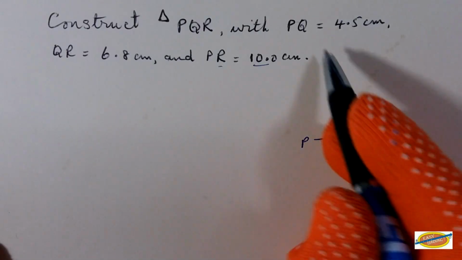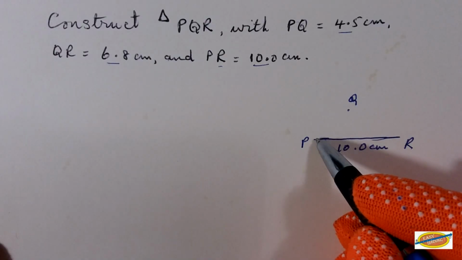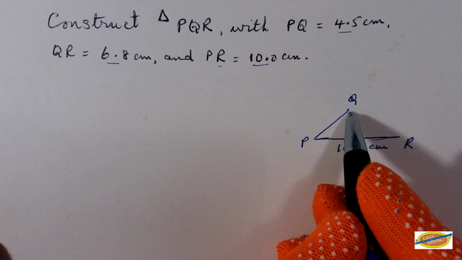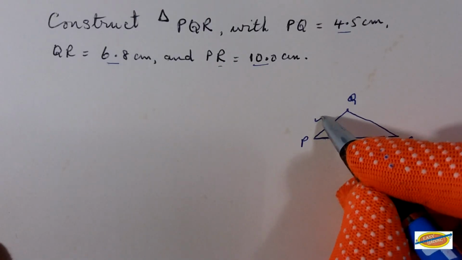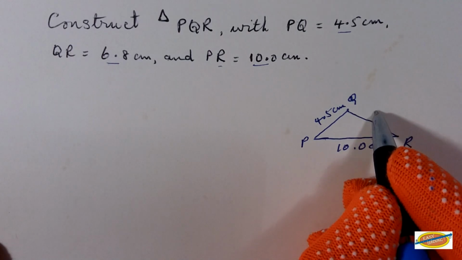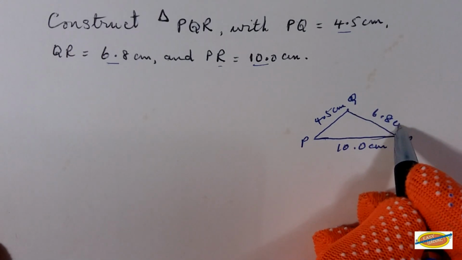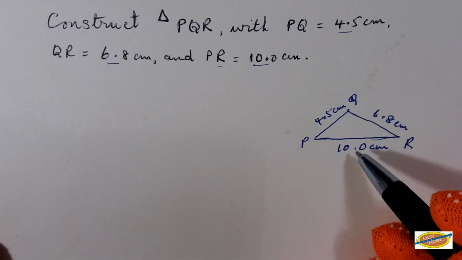such that PQ is somewhat shorter than QR. So we'll have something like this. This will be 4.5 centimeters. This 6.8 centimeters. So this is what our sketch looks like.